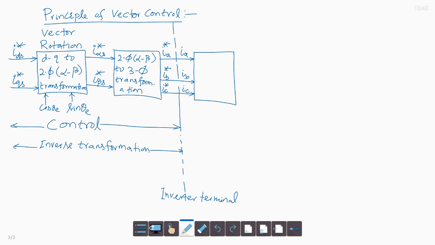So, these 3 phase currents which are input to the motor are first converted from 3 phase to 2 phase, an alpha beta transformation. This is a transformation occurring in the machine. IA, IB, IC are the currents fed by the inverter to the motor. Inside the motor, we assume it is transformed from 3 phase to 2 phase alpha beta.